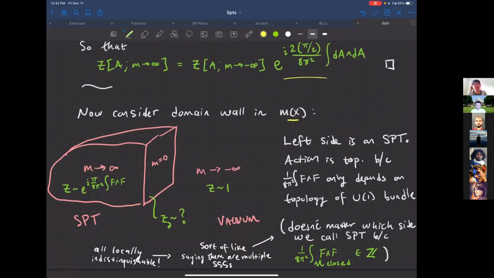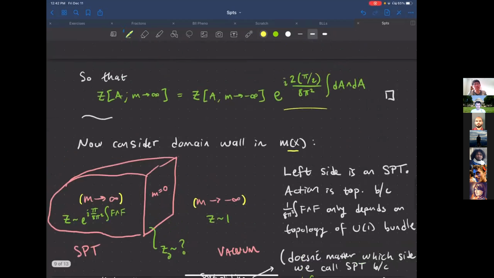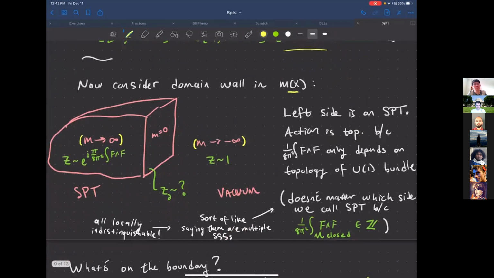We consider a scenario where m goes to infinity over here, and over here m goes to minus infinity. And we can choose our conventions such that when m goes to minus infinity, the partition function is 1, and when m goes to plus infinity, the partition function is this number.